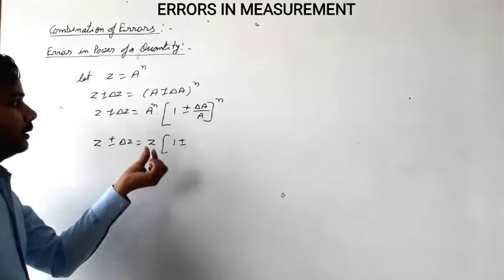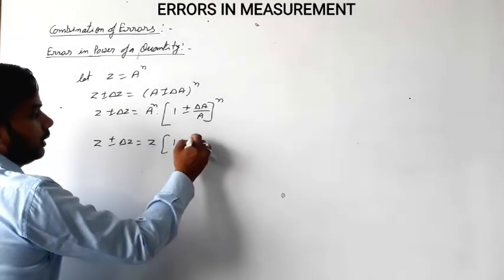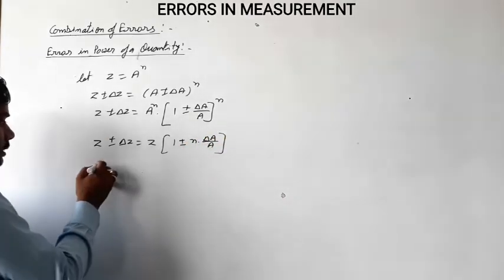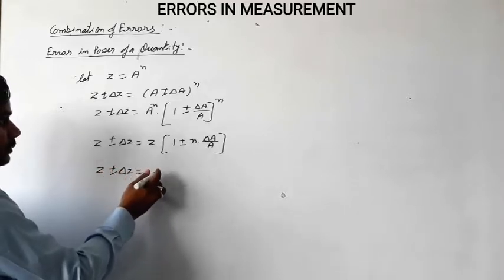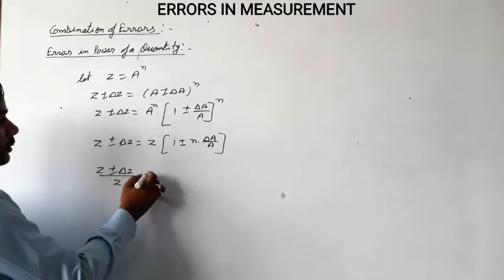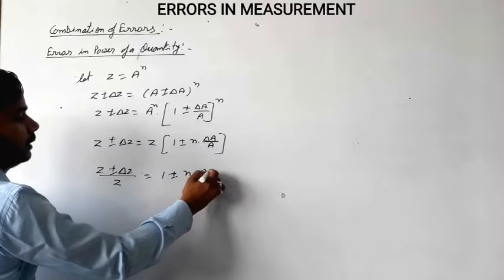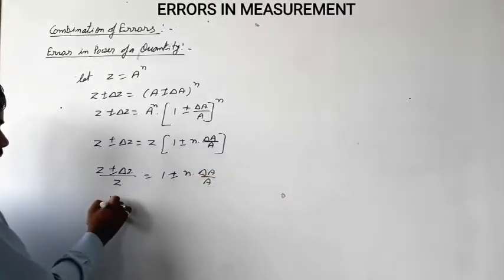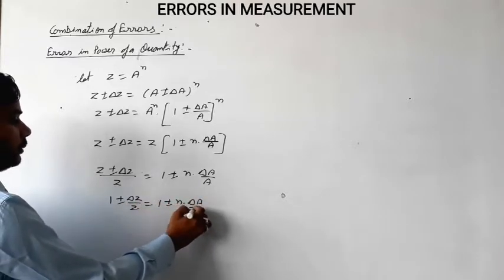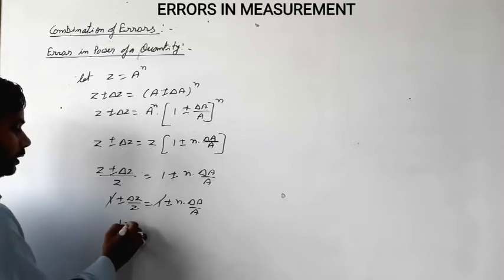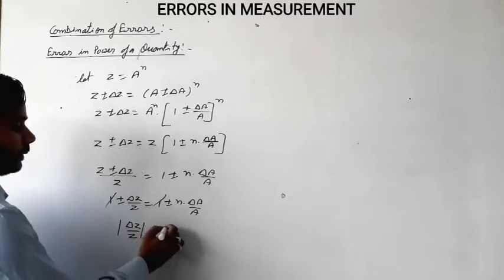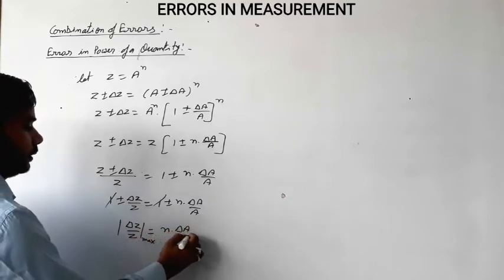So this will be 1 + nx, so this will be m into Δa/a. Now we divide by z, so this will be 1 ± Δz/z = 1 ± m Δa/a. Now the 1 will be cancelled, and the maximum value of Δz/z is m Δa/a.